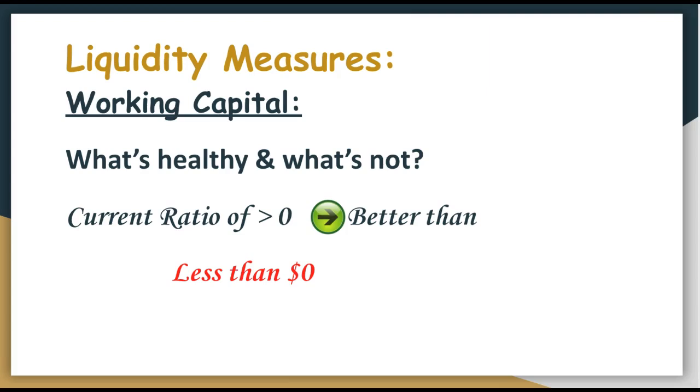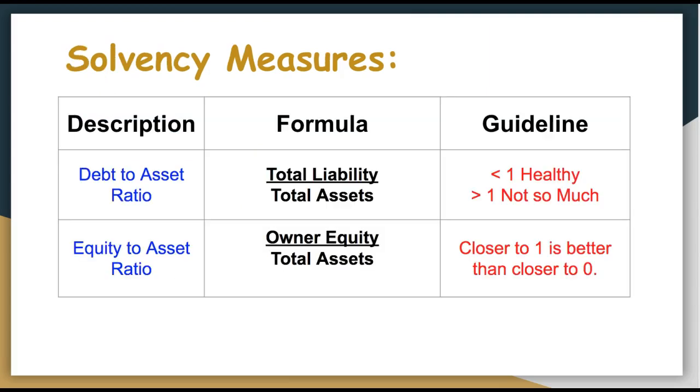Okay, so if it's less than zero working capital, again, that's not a very good indicator within our business. It's just a down and dirty, really simple kind of calculation. And we're going to have you perform these on some more balance sheets that I'm going to give you.